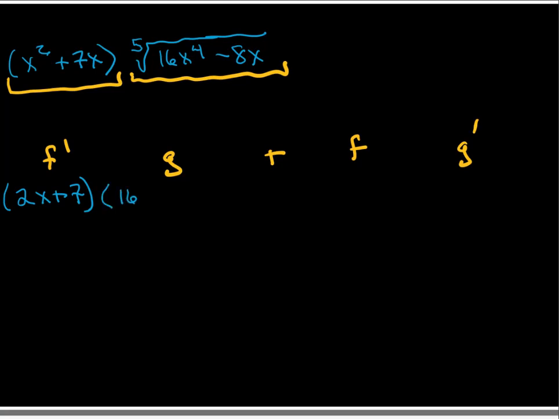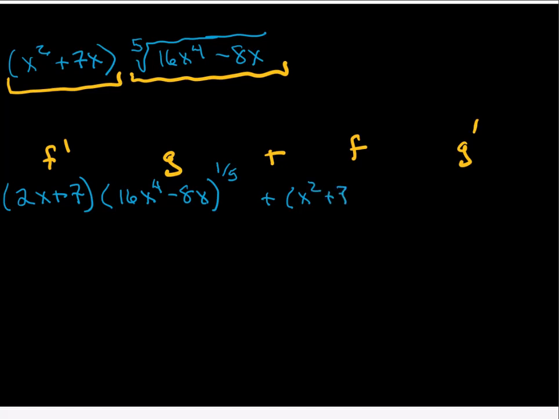This is going to be a 16x to the 4th minus 8x raised to what power? The 1/5. Plus. Now, f, well, we just copy that down. That's going to be this x squared plus the 7x. Everything's going smoothly so far.